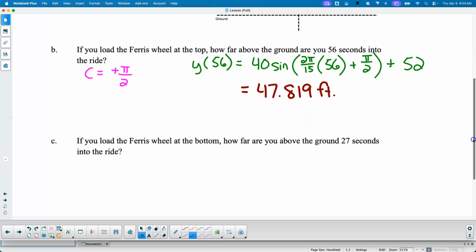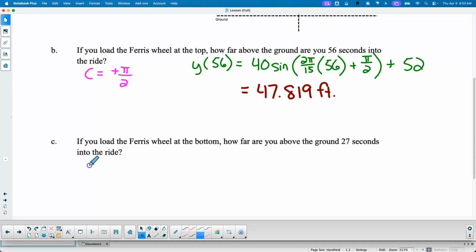If you load the Ferris wheel at the bottom, now my C value is going to be negative pi over 2. How far are you above the ground 27 seconds into the ride?